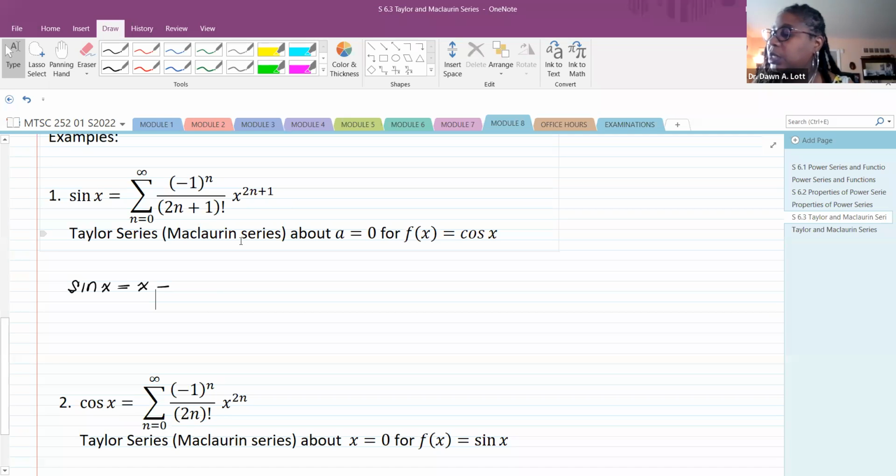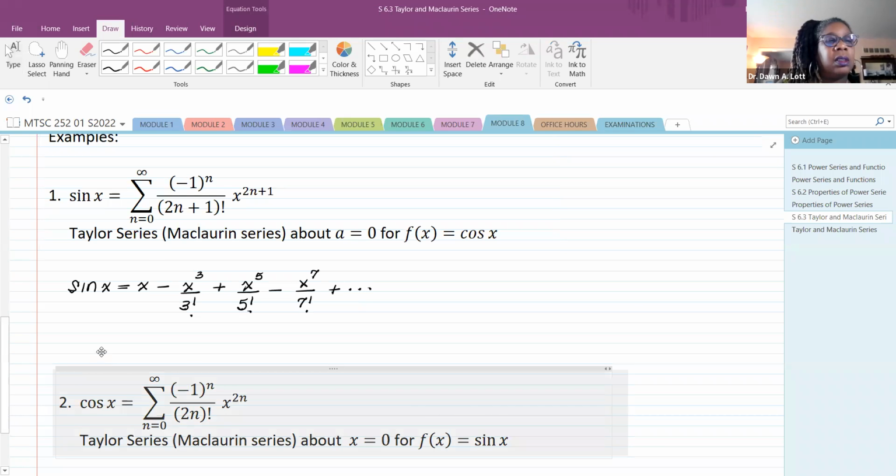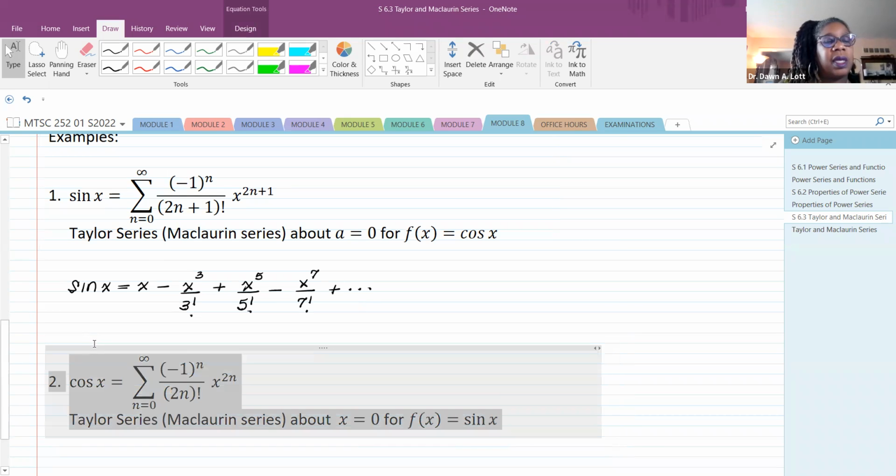Then the next term is going to be negative because it's going to be n equals 1. This is going to be x cubed over 3 factorial. The next one will be x to the 5th over 5 factorial. Then we will subtract off x to the 7th over 7 factorial plus... So that is the Maclaurin series for the sine of x.